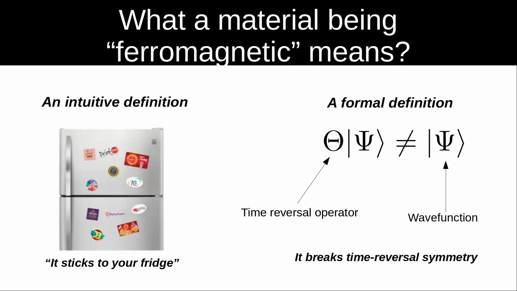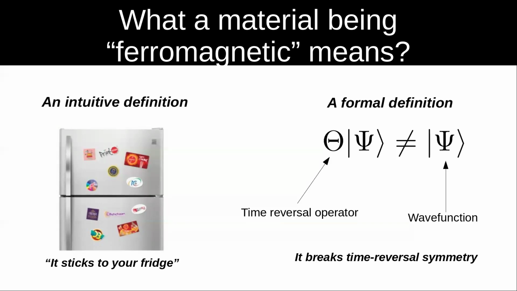Okay, so now let us think a little bit more about magnets, and in particular about these materials that break time reversal symmetry. The typical way in which we think about magnets is that it is something that attracts some metals. For example, magnets are these things that stick to your fridge.